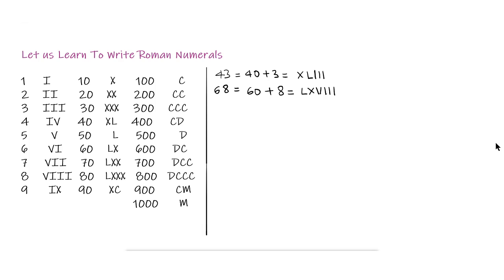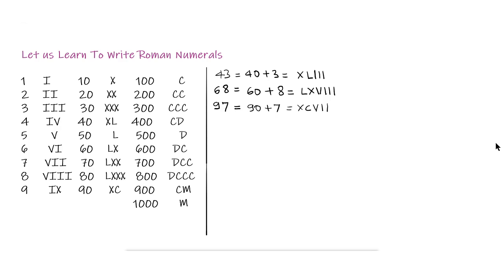Now let's write 97. This is 90 plus 7. 90 we have already learned, which is XC. XC is 90 and 7 is VII. So this way we can write 2-digit numbers.